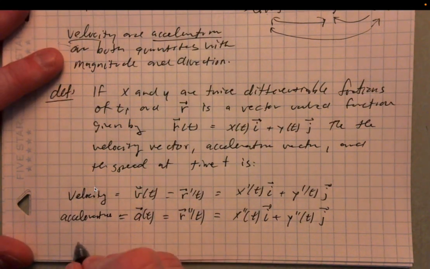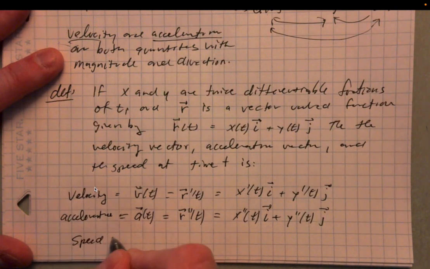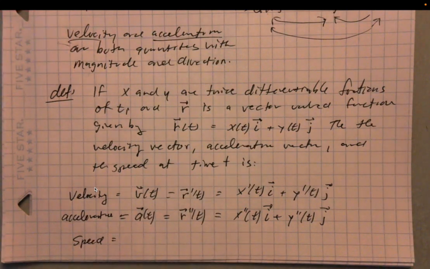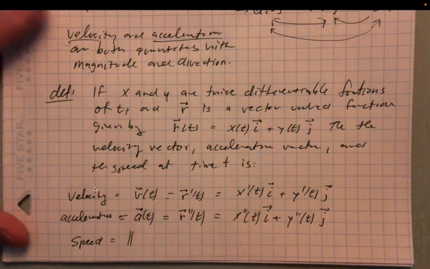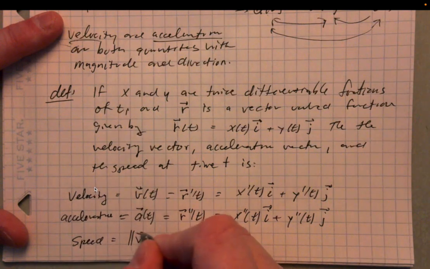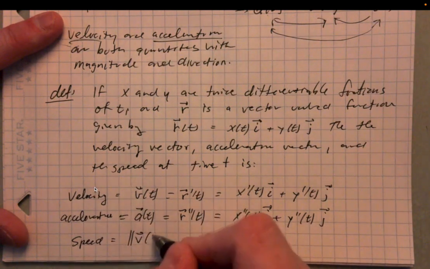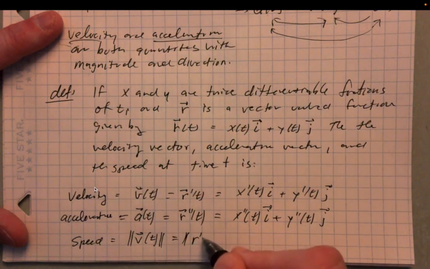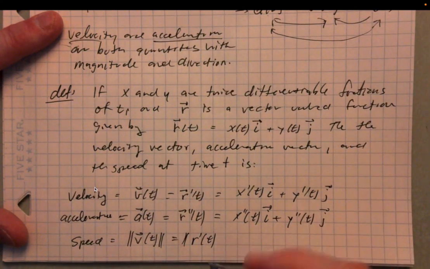And then finally speed. Speed is basically going to be the magnitude of the velocity. Once you get rid of the direction piece of the velocity vector, what you're left with is speed. And so it is quite literally the norm of the velocity vector, which is obviously the norm of the derivative of the position vector.